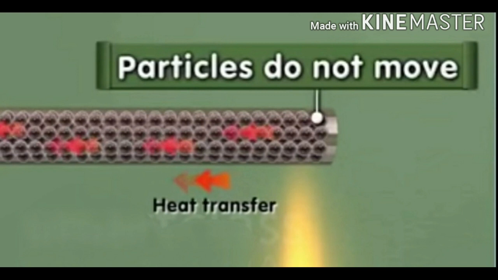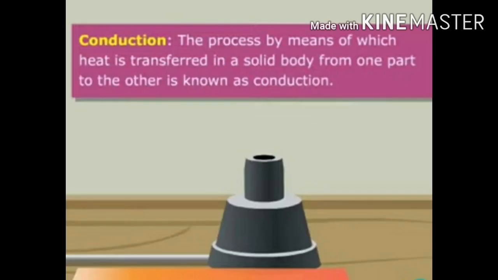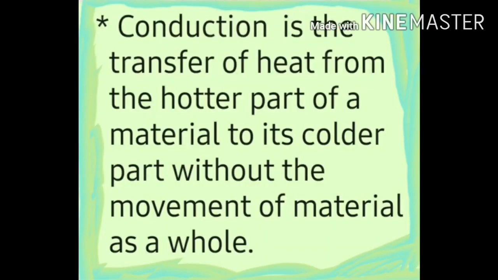When heat is transferred from the hotter end of the spoon to its colder end, there is no movement of the material of the spoon from one end to another. Such a transfer of heat from the hot part of a material to its colder part is called conduction.